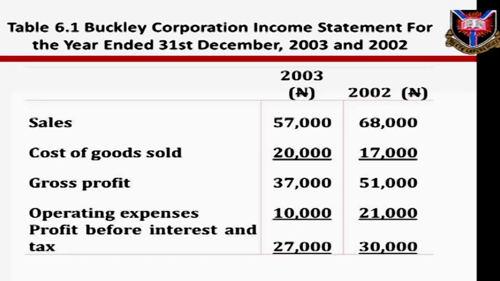Gross profit in 2003, 37,000; 2002, 51,000. Operating expenses 2003, 10,000; 2002, 21,000. Profit before interest and tax 2003, 27,000; 2002, 30,000.